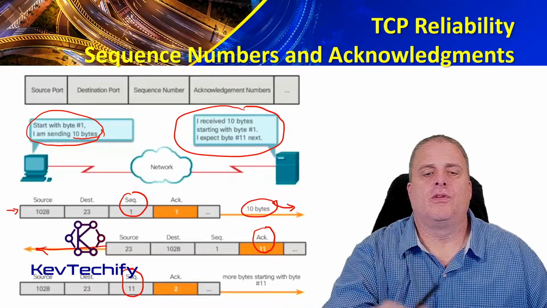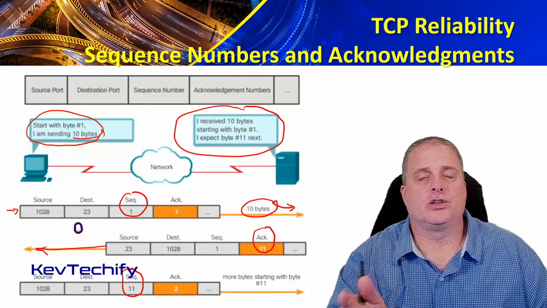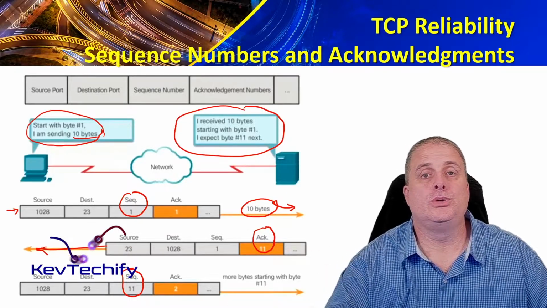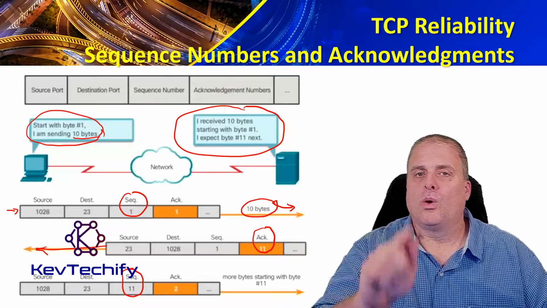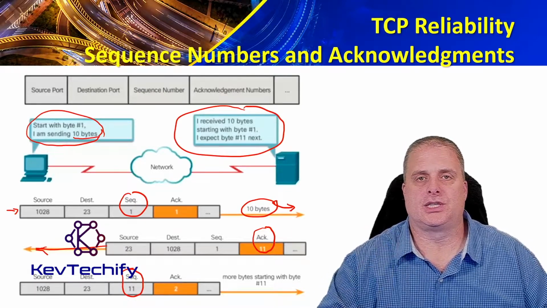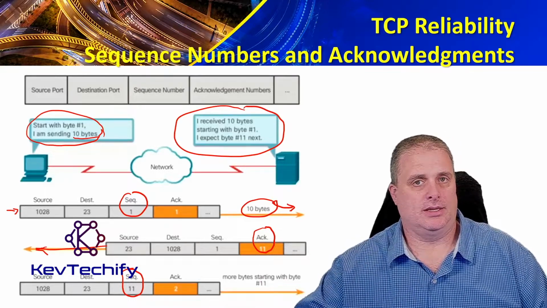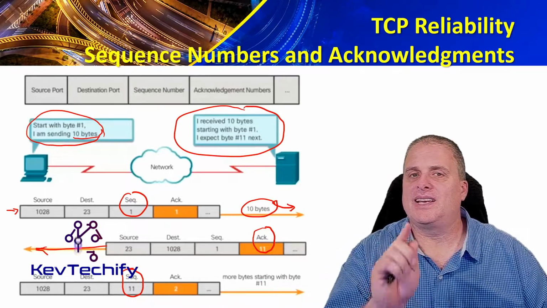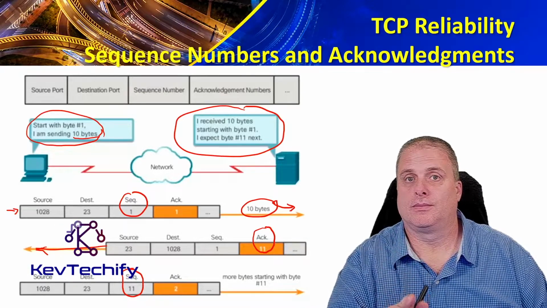If you were to ask yourself what would be the next acknowledgement that the server would send back to the originating host, we would have to ask ourselves, what is the last sequence number sent? Starting with 11, 10 bytes were sent. So the last sequence number that was sent was number 20.